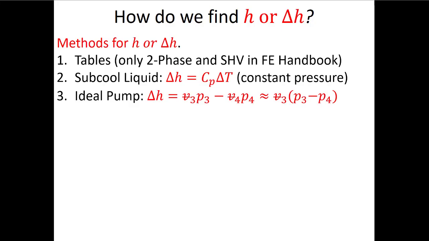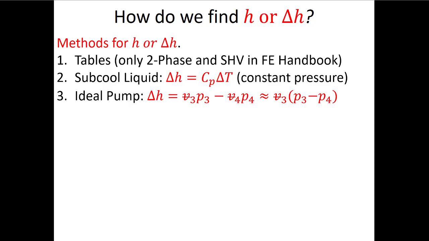So when we deal with ideal pumps, this is one that's easy for people to mess up. If you think about common errors on an exam, I think this ideal pump equation is one of those. So we forget that delta H for an ideal pump is the specific volume multiplied by the change in pressure. So this comes about from two things.